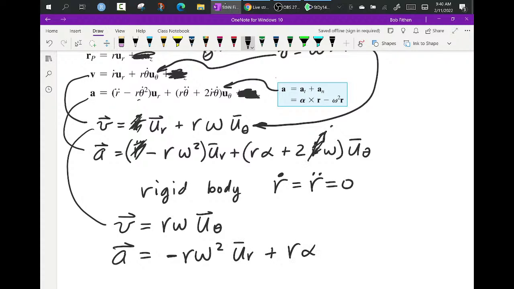Remember, that goes to 0, that goes to 0, and that goes to 0. And so I'm copying this right there.